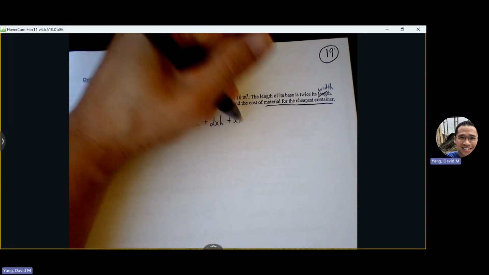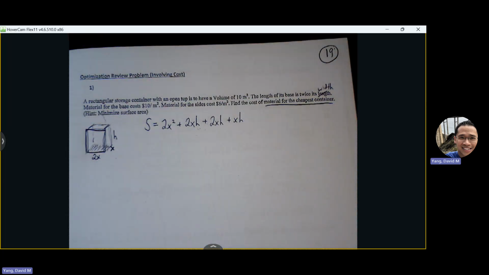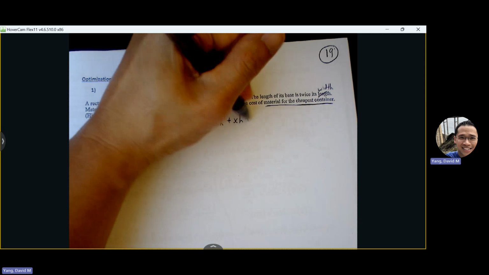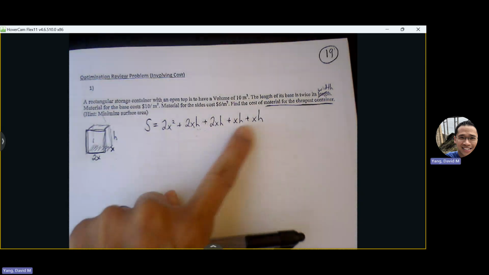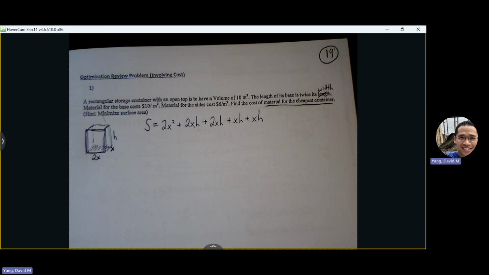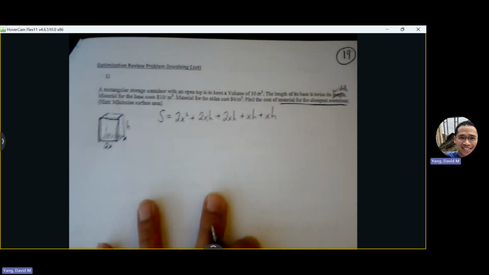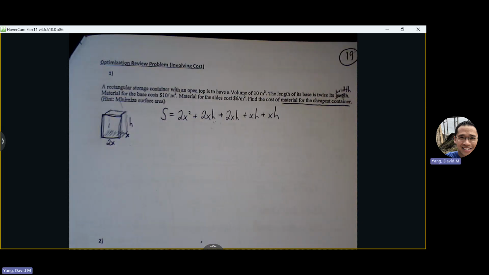And if I have an xh on one side, there must be another xh on the other side. So we have 5 surfaces, 1, 2, 3, 4, 5. We're just doing areas of each of those 5 sides. Okay, good so far?